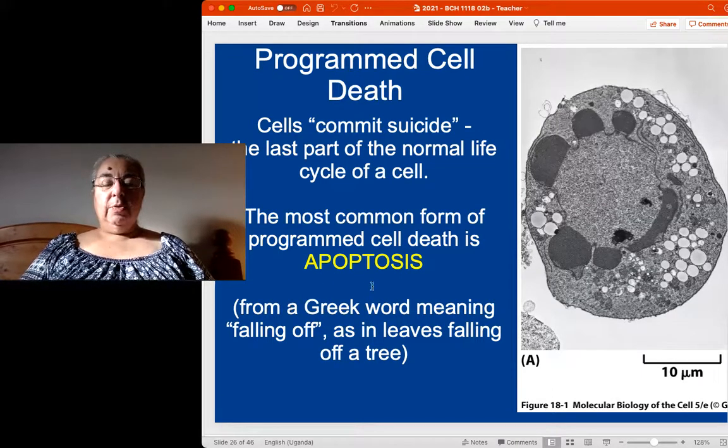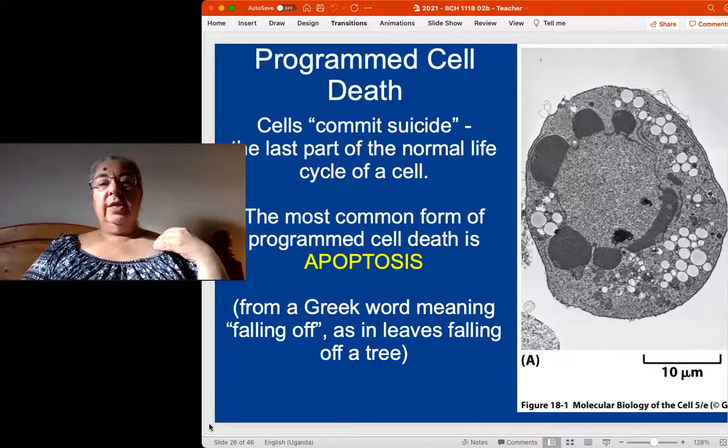Apoptosis was discovered not so very long ago, about 20 to 25 years ago, and the Nobel Prize in 2002 was awarded to its discoverers. So this word apoptosis was coined at that time. It was invented to describe this process of gentle dying, gentle getting rid of cells.